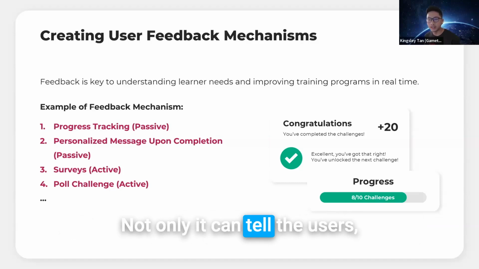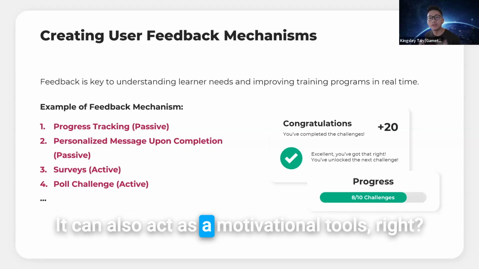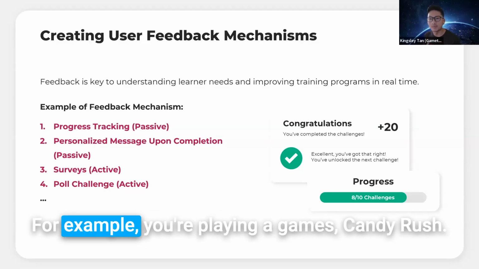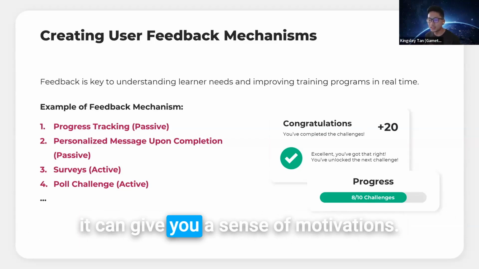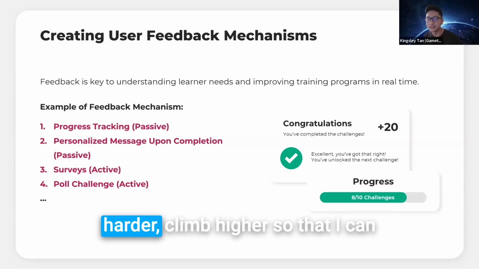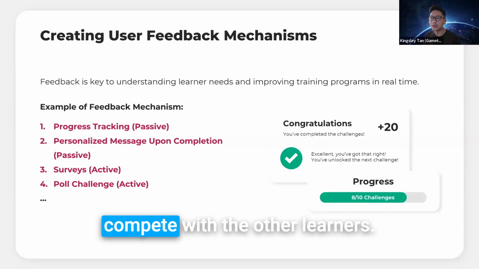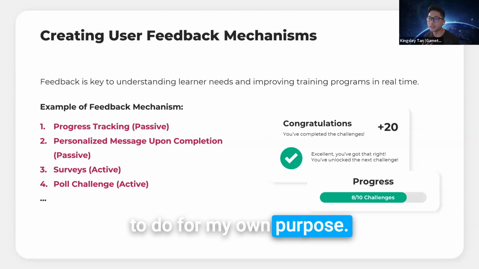Not only can it tell the users how many challenges are left, it can also act as a motivational tool, right? For example, if you are playing a game like Candy Rush and there are 200 stages left, this gives you a sense of motivation. I have to climb harder, climb higher so that I can compete with the other learners, or this is something I have to do for my own purpose.